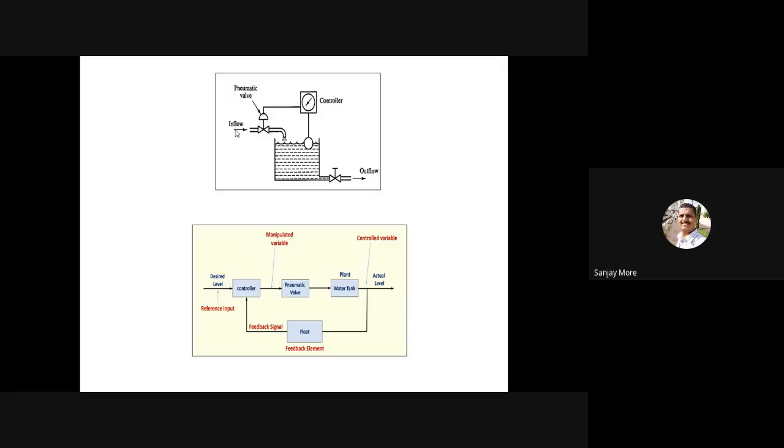So this diagram is displayed with the help of a block diagram. Okay.